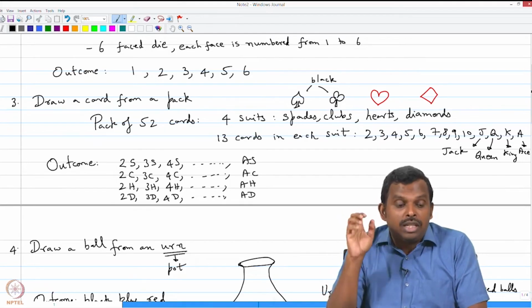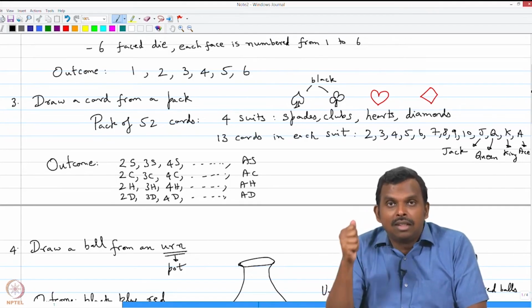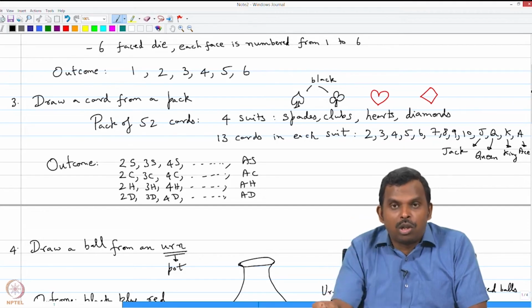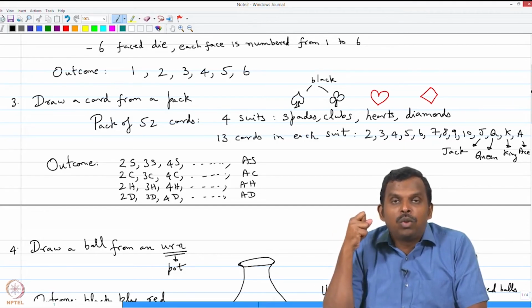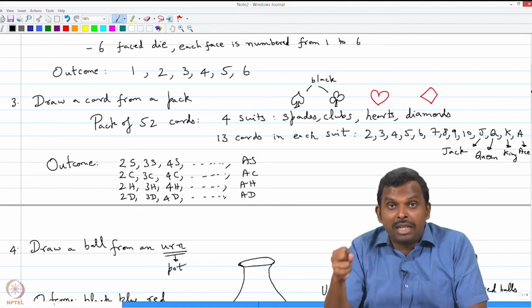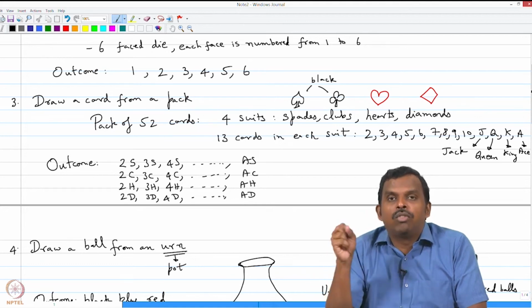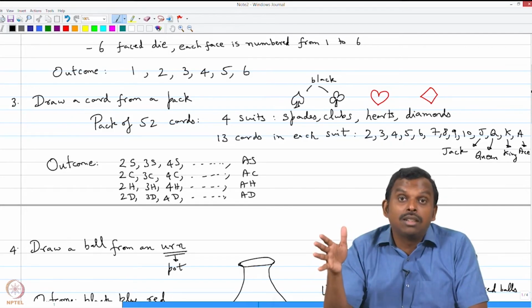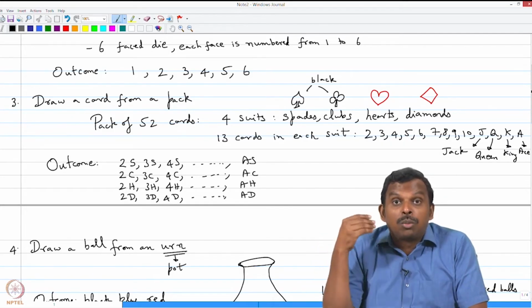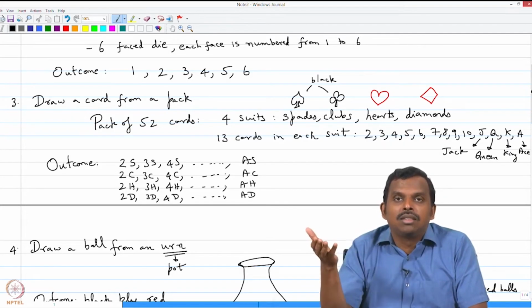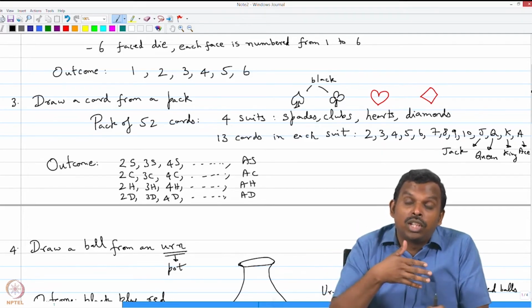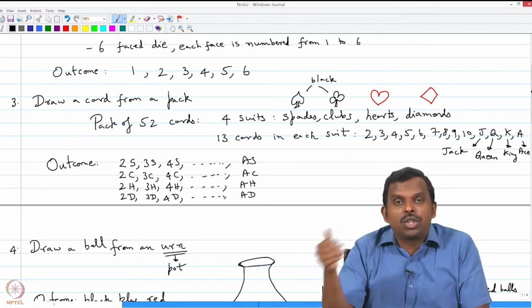In these experiments, when you are drawing things from a pack or drawing balls from an urn, you have to ask this question: are you going to repeat the experiment with replacement or without replacement? That is very critical, because the number of possible outcomes changes a lot, whether you are doing it with replacement or without replacement.